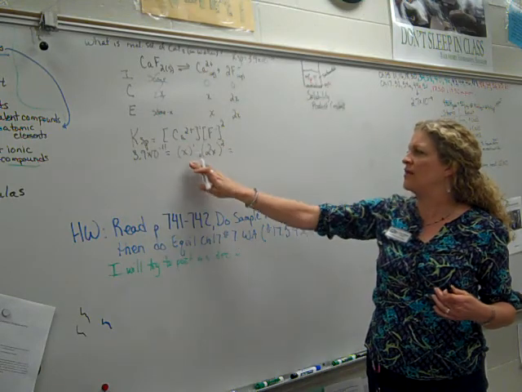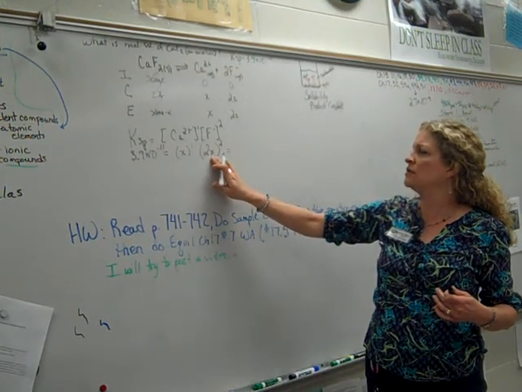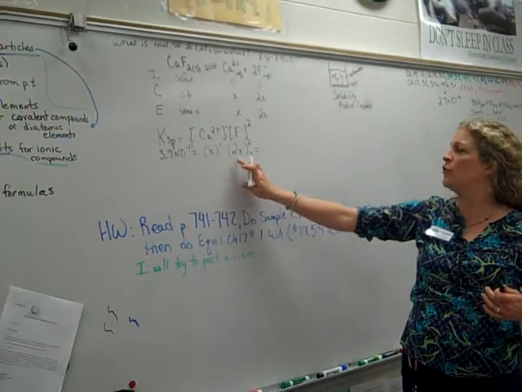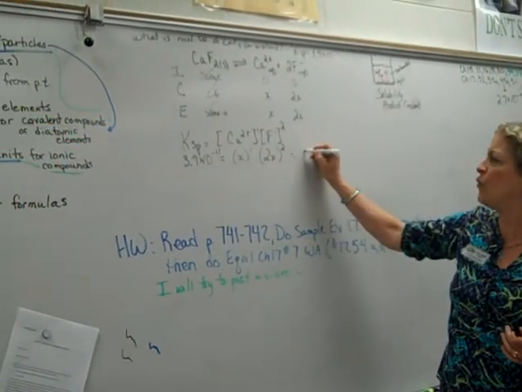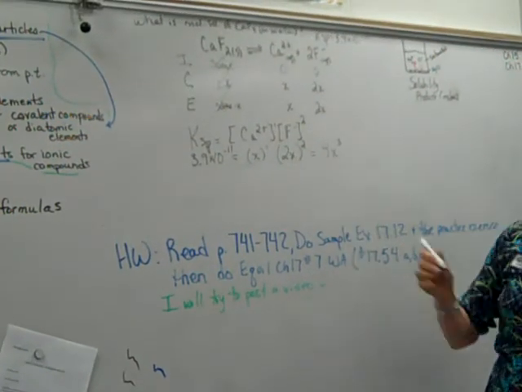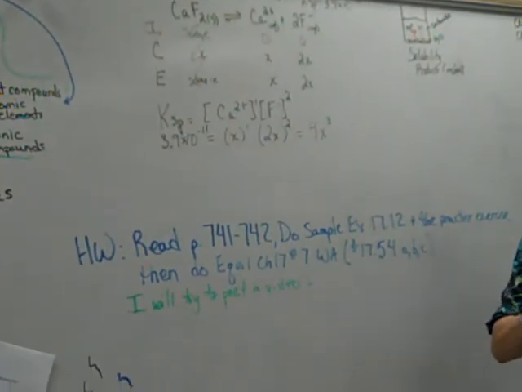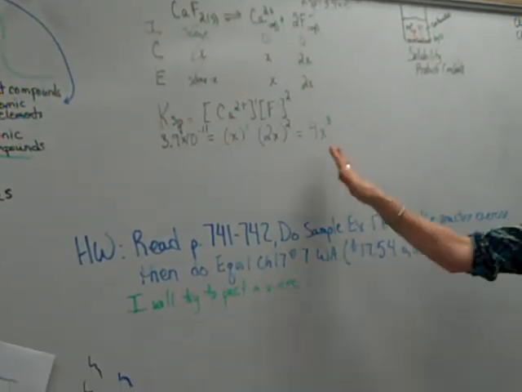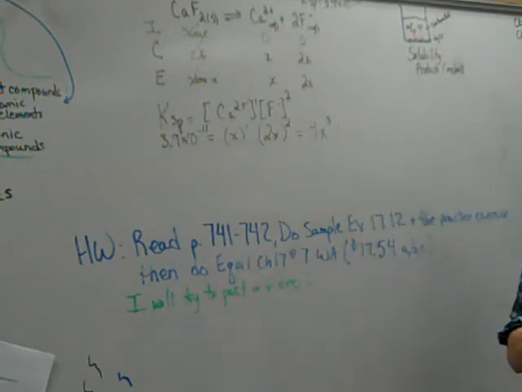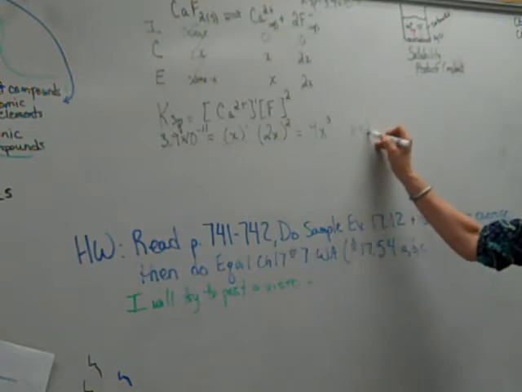When we simplify this, 2x in parentheses squared is 4x squared times x is 4x cubed. So we'll take our 3.9 times 10 to the negative 11, divide through by 4, then take the cube root, and I get 2.1 times 10 to the negative 4.